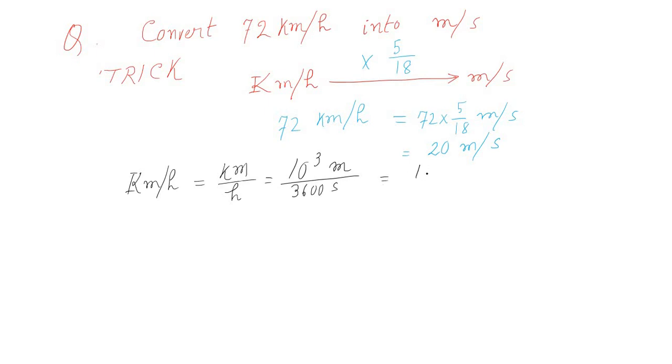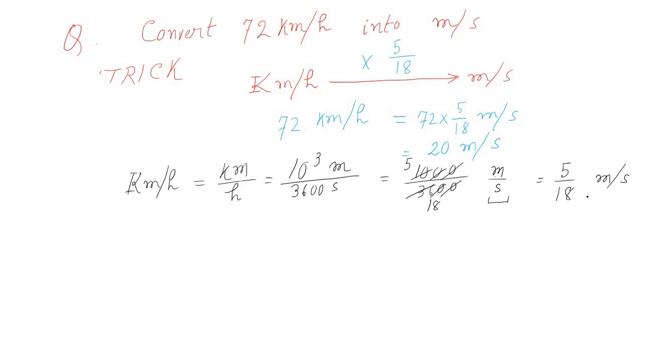So 1000 at the top and 3600 at the bottom, with meter per second. The zeros cancel out, and it becomes 5 by 18.